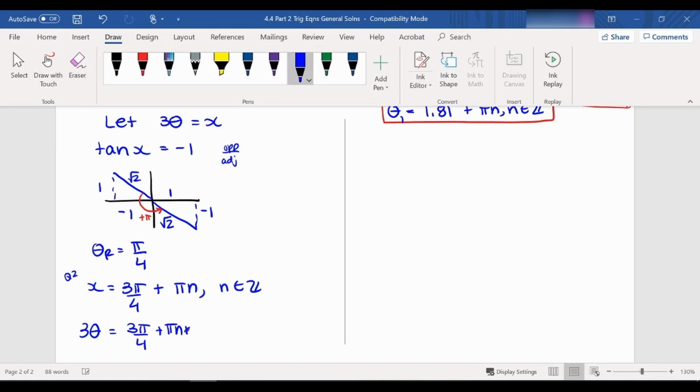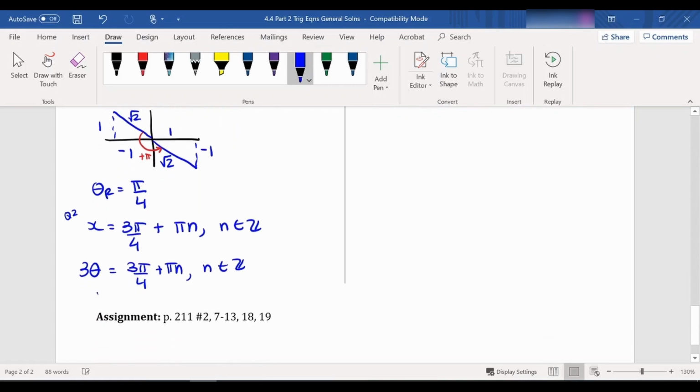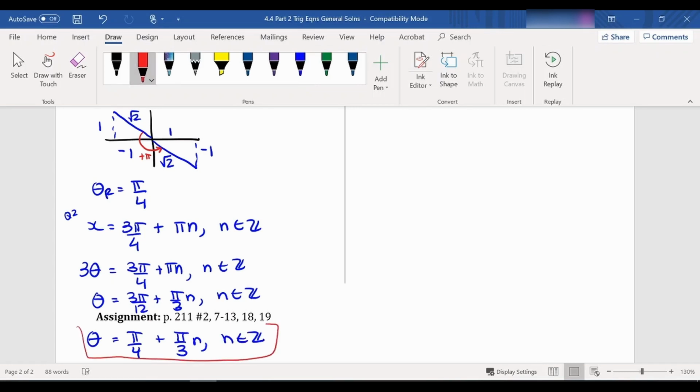And we want theta, not 3 theta, so I need to divide everything by 3. When I do that, I get 3 pi over 12 plus pi over 3n, where n is an integer, or pi over 4 plus pi over 3n, where n is an integer. So we need to remember this step here where we put our 3 theta back.